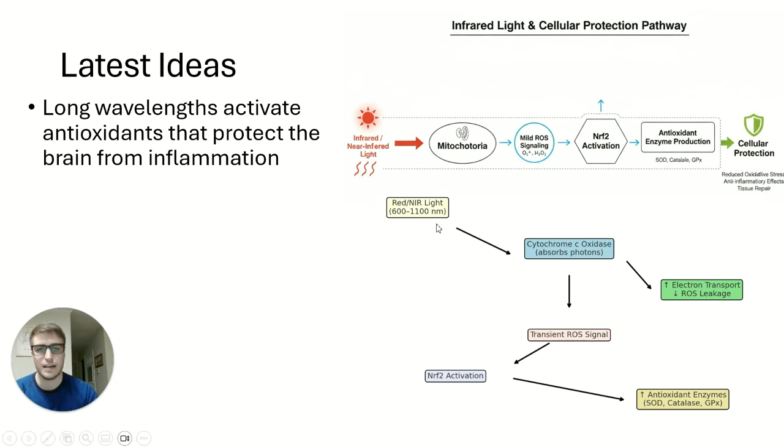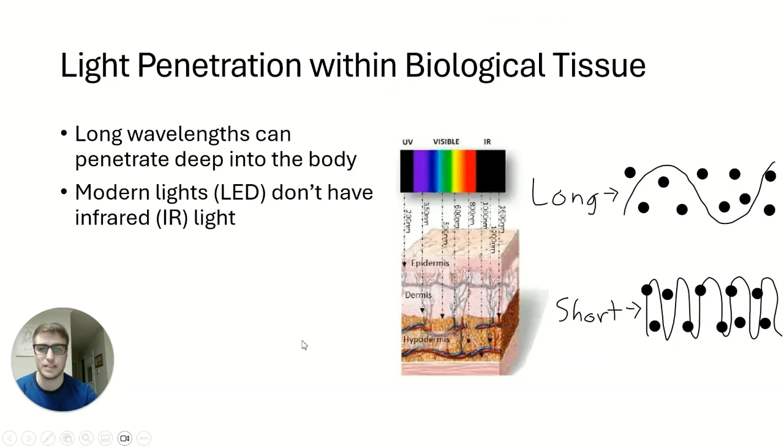So how does that infrared light even get deep into the tissues, which leads me to my next slide. Long wavelengths, which is the more red or infrared part of the spectrum of light, can penetrate deep into the tissues compared to blue light or ultraviolet light.